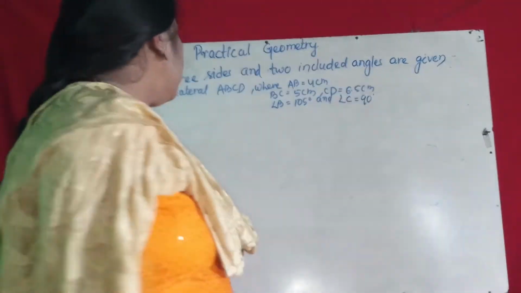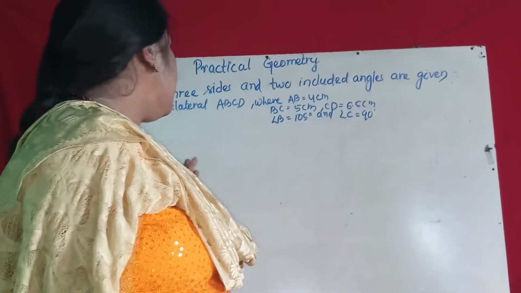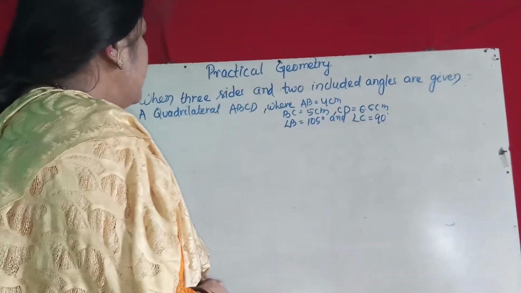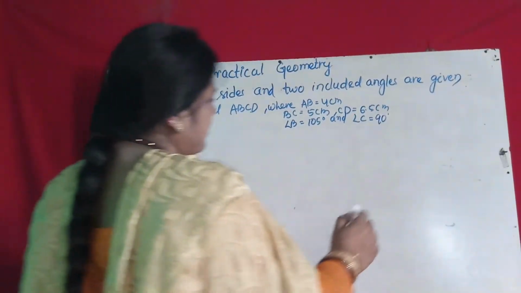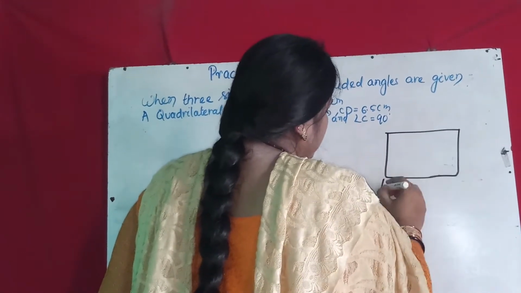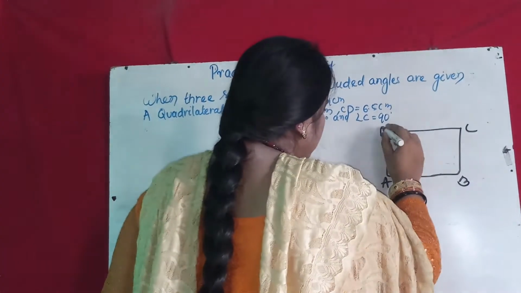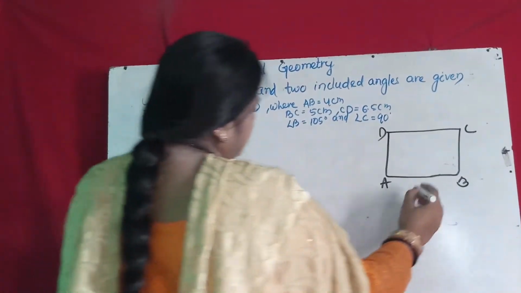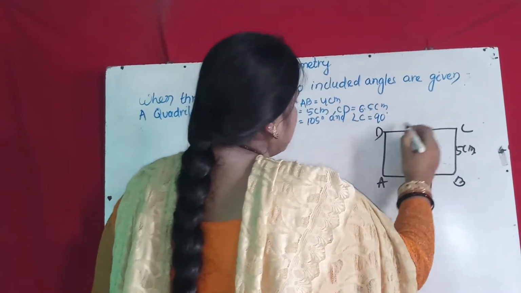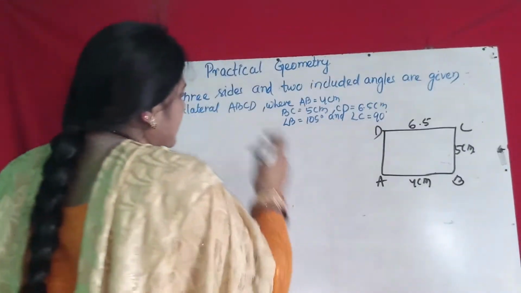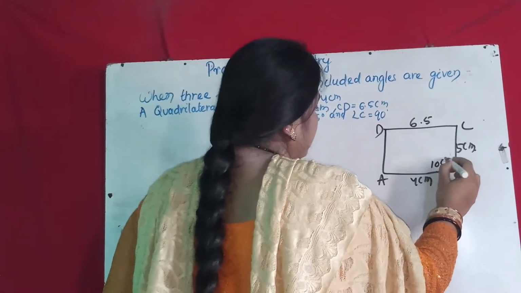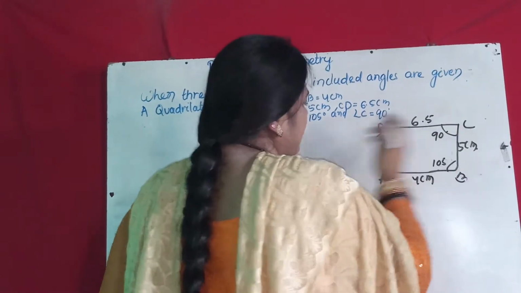Now, when a quadrilateral has any three sides given and two included angles. Suppose a quadrilateral A, B, C, D, AB given 4 cm, BC given 5 cm, CD given 6.5 cm, then angle B equal to 105 degree, angle C equal to 90 degree.